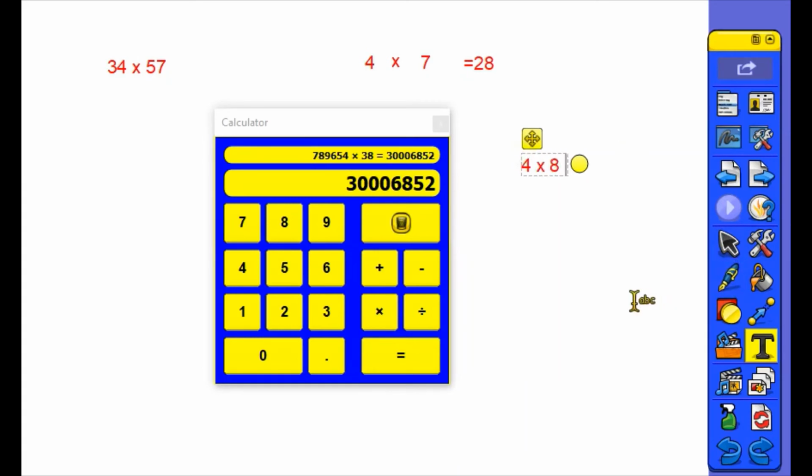If we now think about 4 times 8, that equals 32. Look at that ones column. Look at the ones column on the calculator.